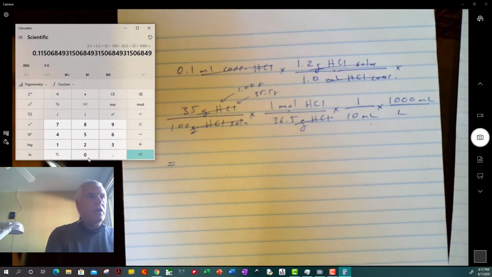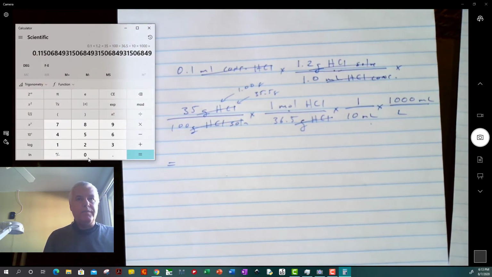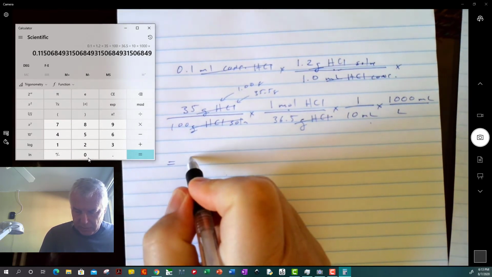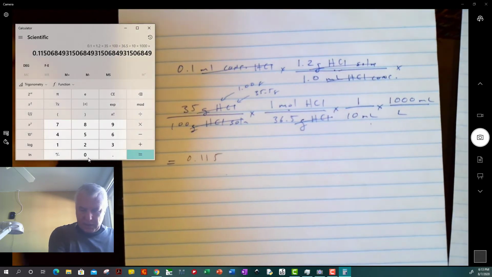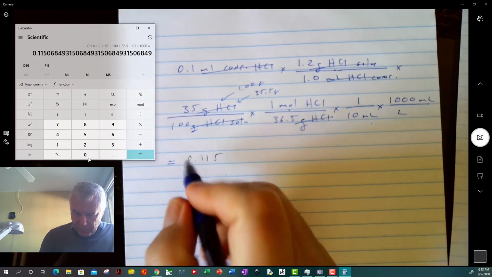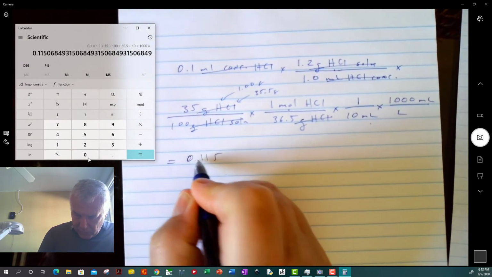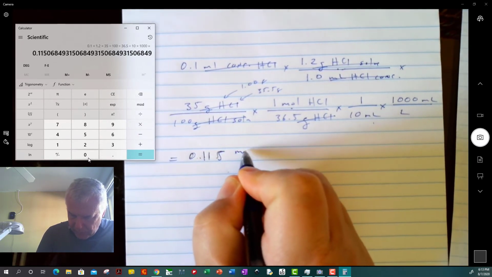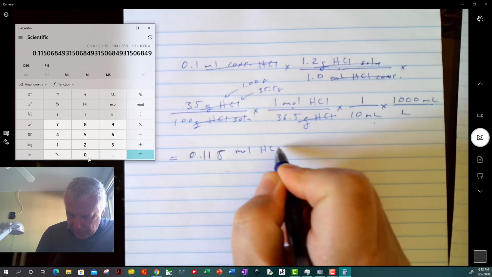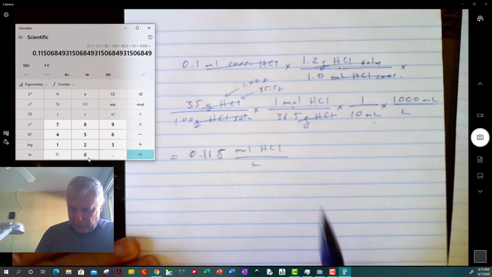And it gives us 0.115, right? 0.115 moles of HCl per liter, right?